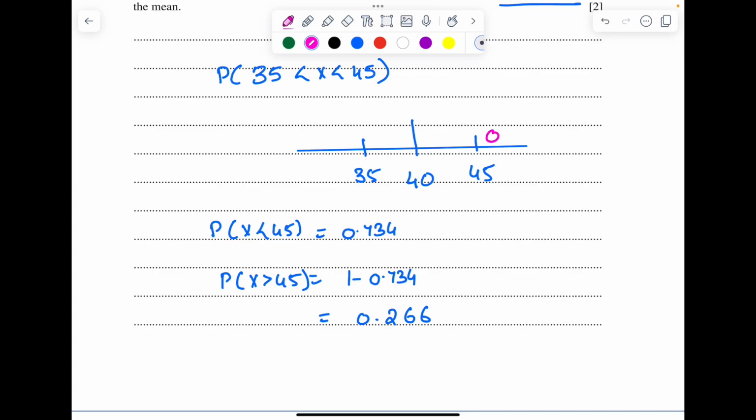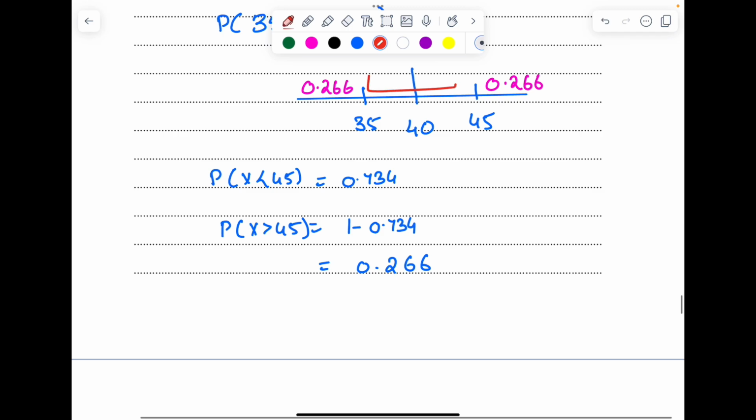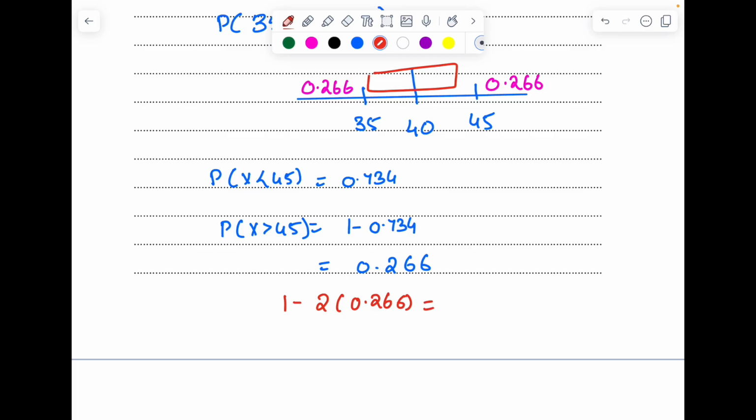So this gap will be 0.266 and this gap also will be 0.266. So we are requiring this part. So 1 minus 2 times of 0.266, which is going to be 1 minus 2 times of 0.266.